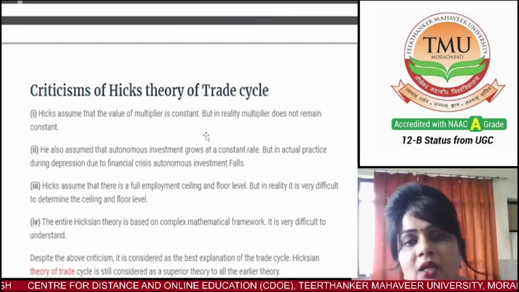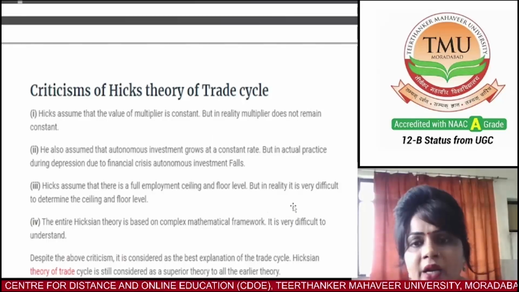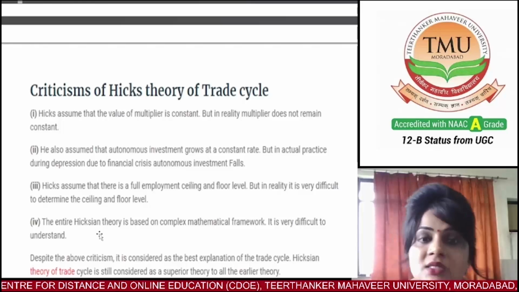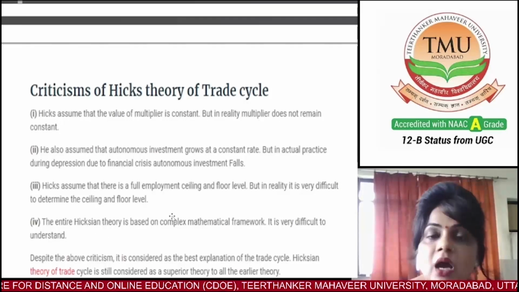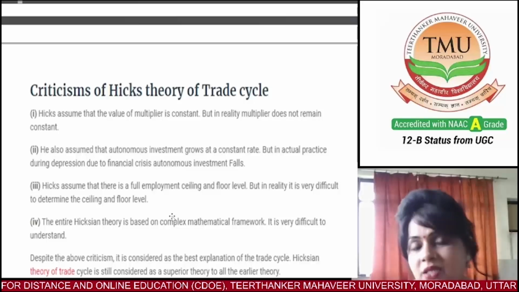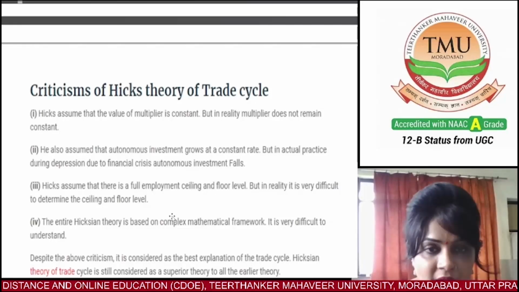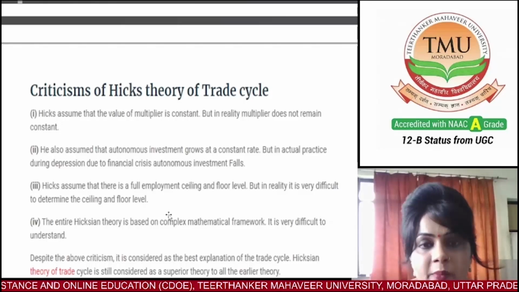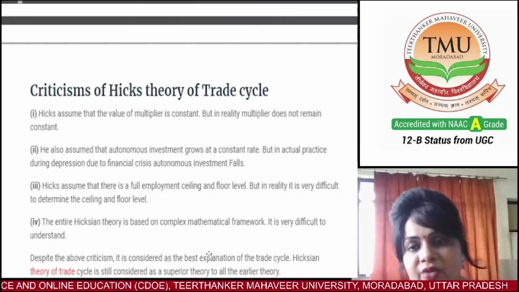Hicks assumes that there is a full employment ceiling and floor level, but in reality it is very difficult to determine the ceiling and floor level, as I discussed with you. The entire Hicks theory is based on a complex mathematical framework.